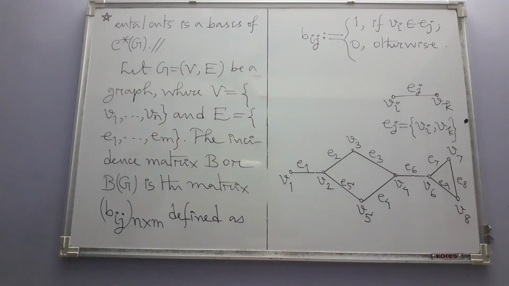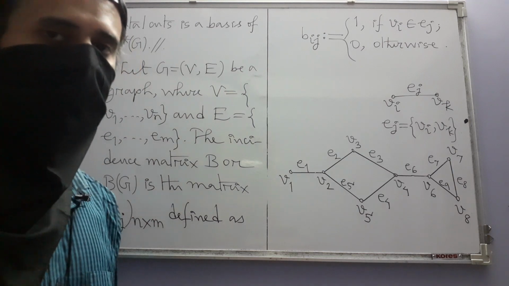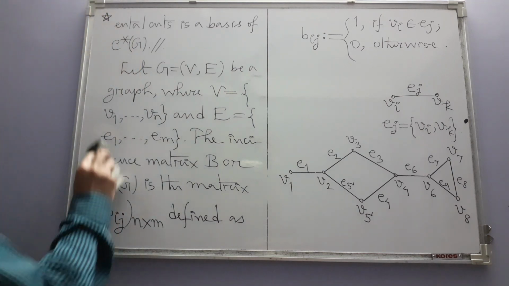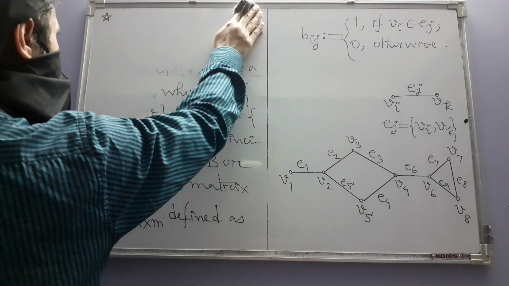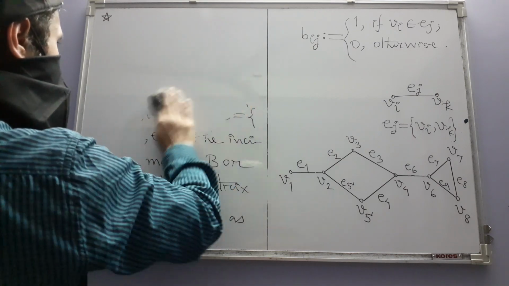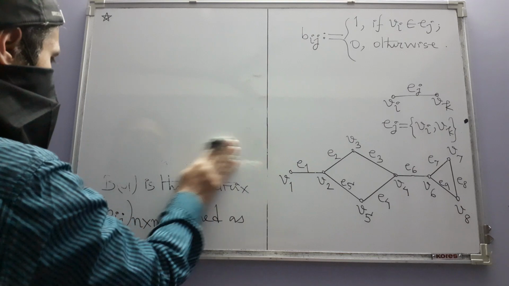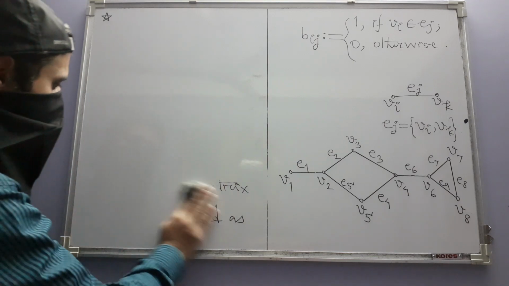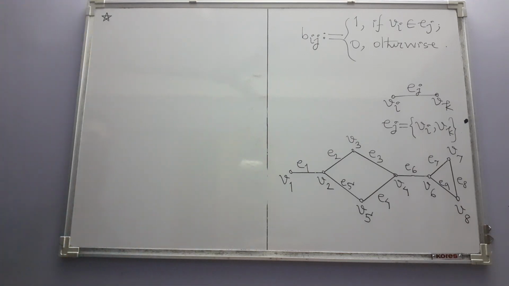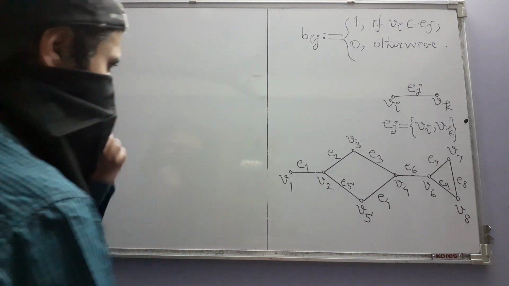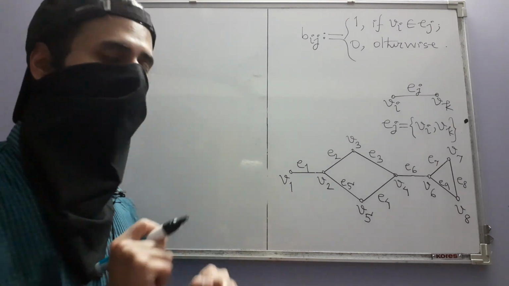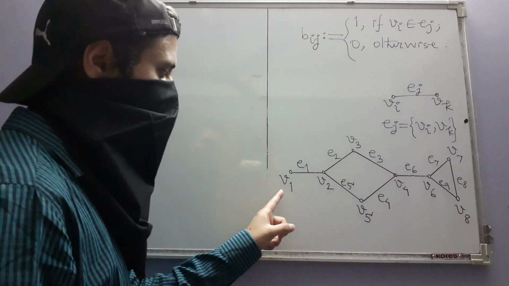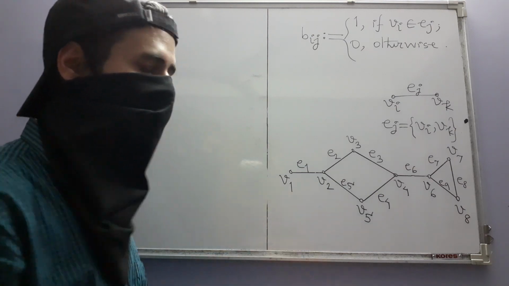Now that means my matrix will be an 8 by 9 matrix with 8 rows and 9 columns. Now if we use just the definition of Bij, so 8 rows correspond to what? They are going to correspond to the 8 vertices.